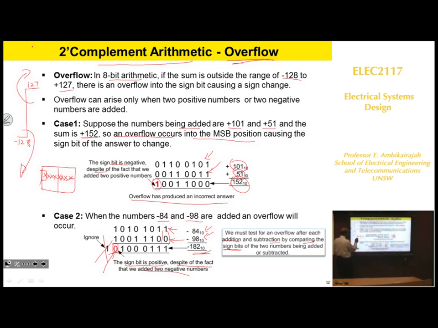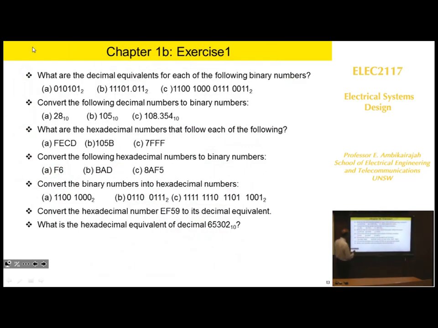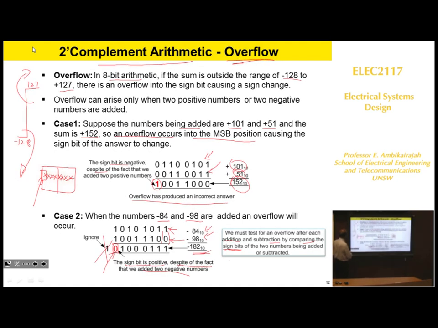So we keep an eye on this when you do the addition. If you add a positive number and a negative number, you won't get overflow at all. Overflow will only occur if you add two positive numbers or two negative numbers.